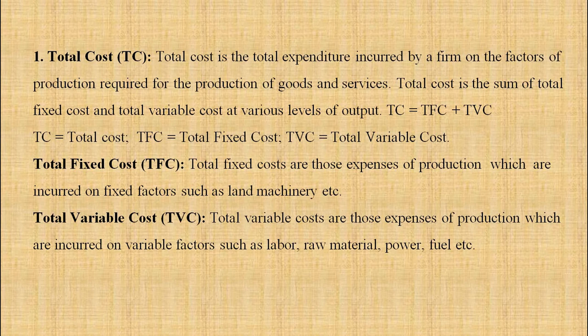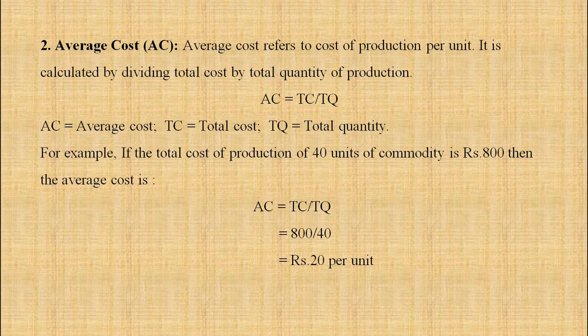If we want to increase the production, we have to get more raw material, more power, more fuel, so the cost is changing. The cost which changes is called variable, and the cost which does not change is called fixed. So total cost is equal to TFC, total fixed cost, plus TVC, total variable cost.